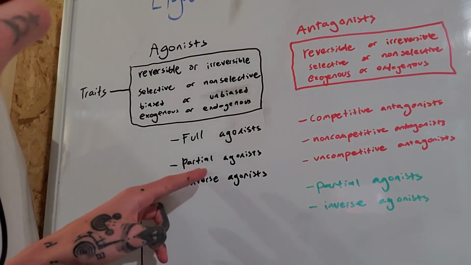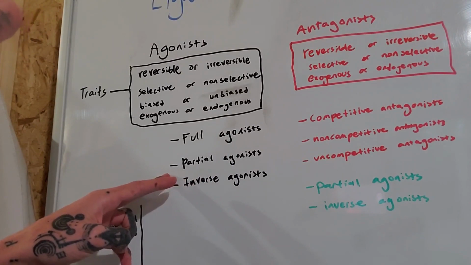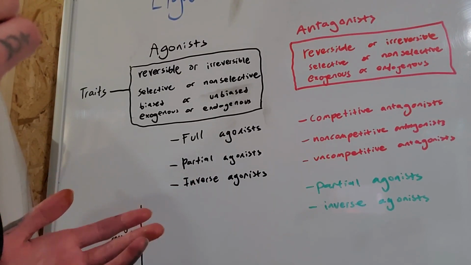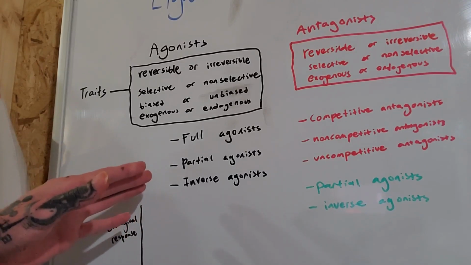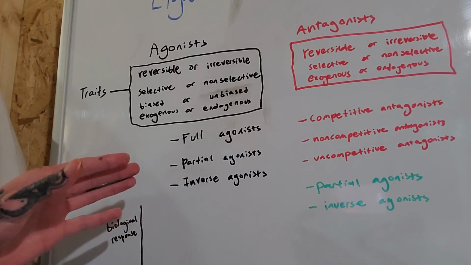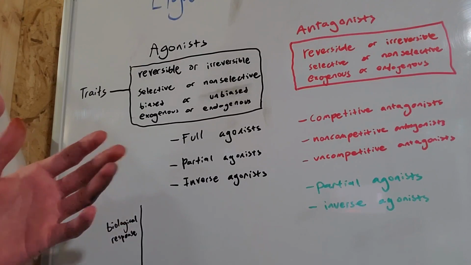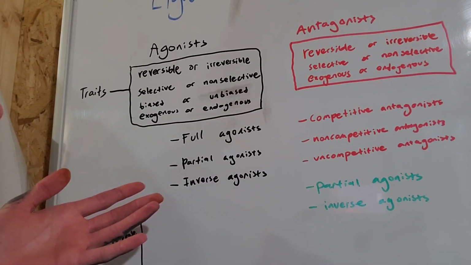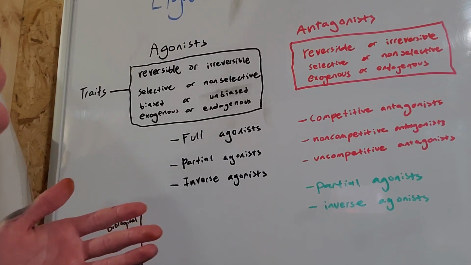Then we have partial agonists, which, as the name implies, they have partial efficacy. They don't elicit a full response, that is, the full possible biological response that could be elicited through that receptor.